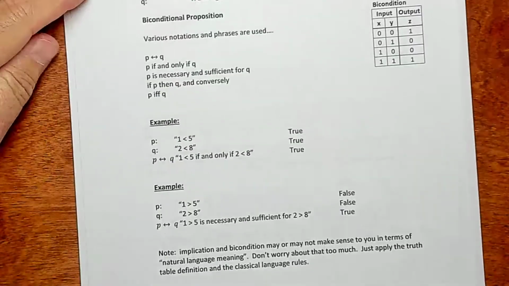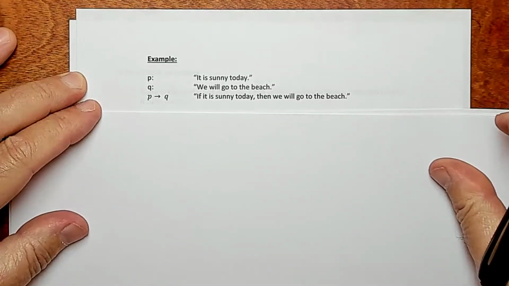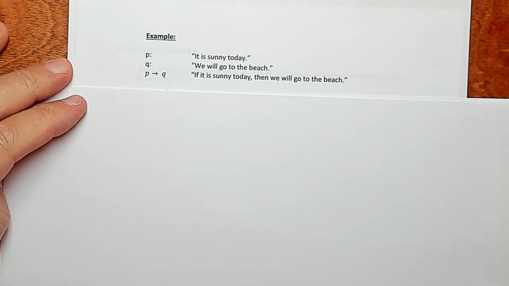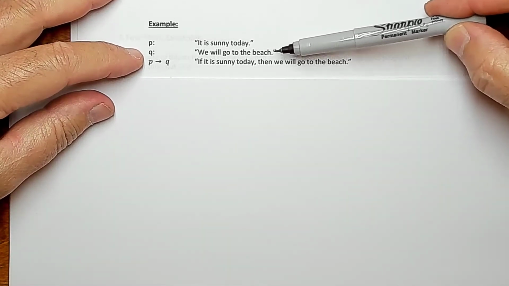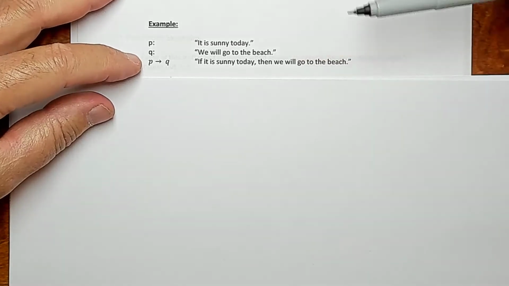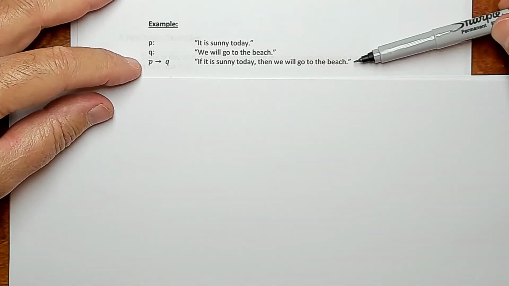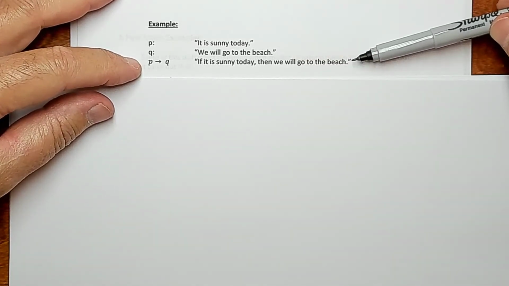Here's a couple of examples. Little proposition P: it is sunny today. Little proposition Q: we will go to the beach. So according to Boole, when somebody comes up to you and says, if it is sunny today, then we will go to the beach, they are implying something.